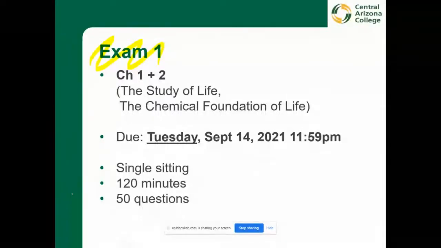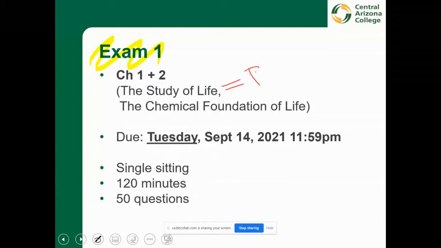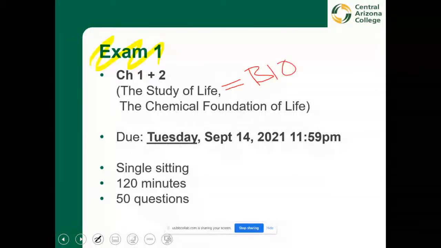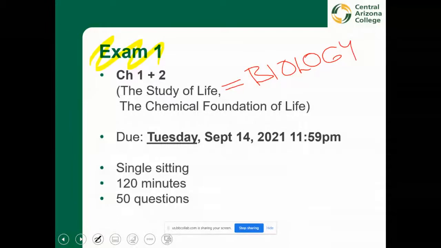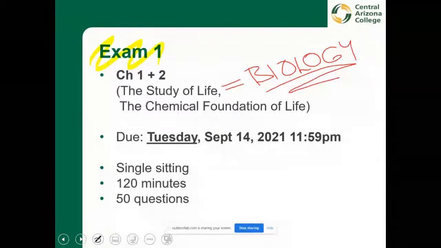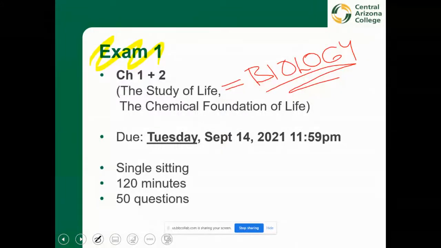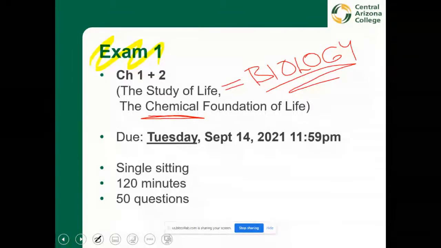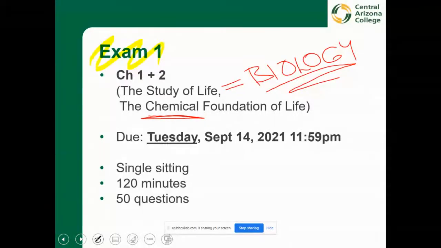If you recall, the first chapter focused on discussing what biology is, what biology studies, and looking at some general concepts such as what the scientific method is, how it works, and so on. The second chapter focused on the chemistry that forms the foundational level for the study of biology.